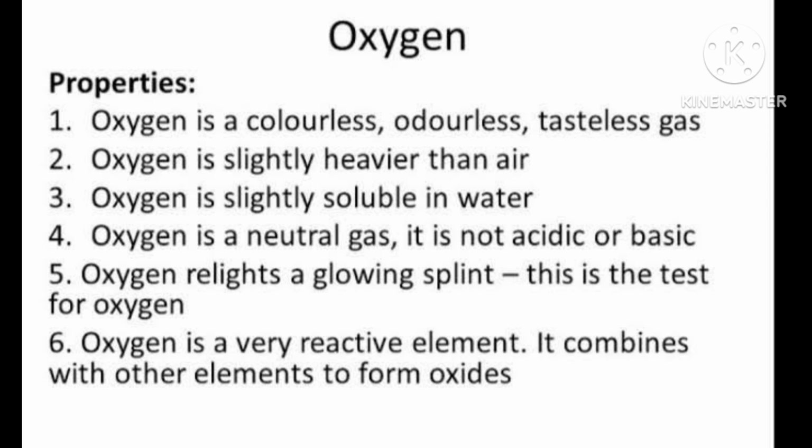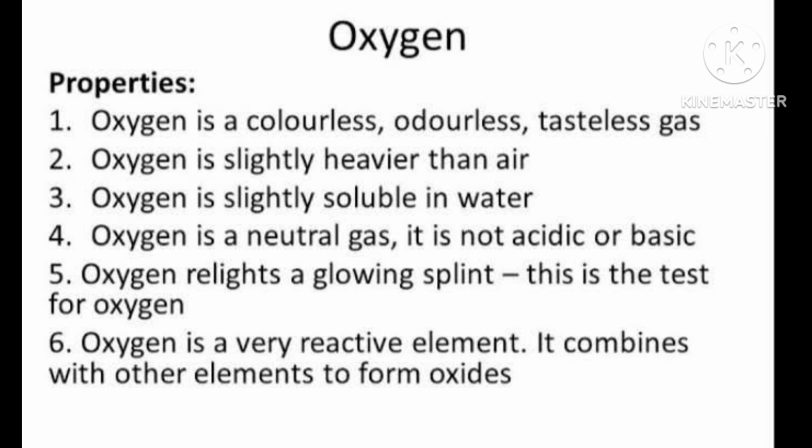Okay. Now I have told preparation, physical and chemical properties, and uses. Now I am going to tell simple oxides. A binary compound of oxygen with another element is called an oxide.